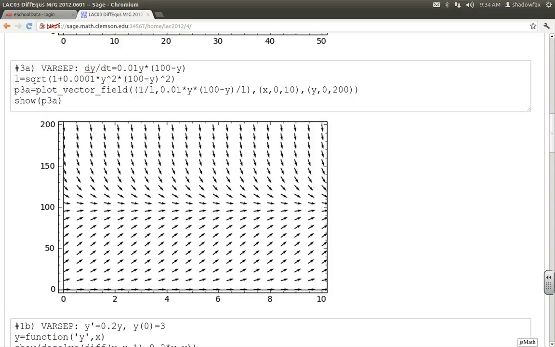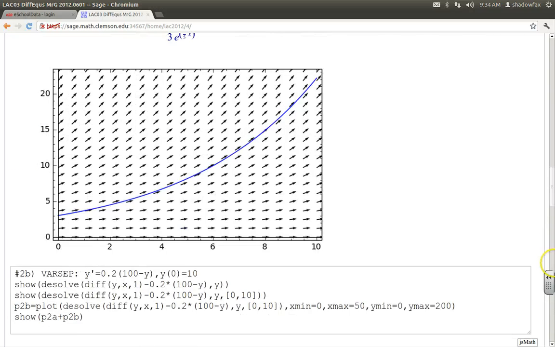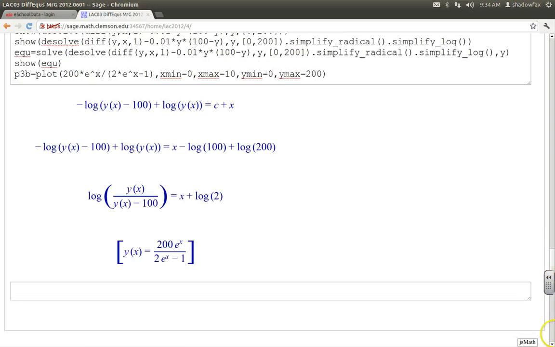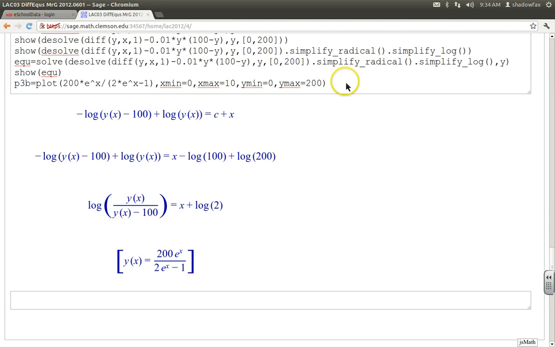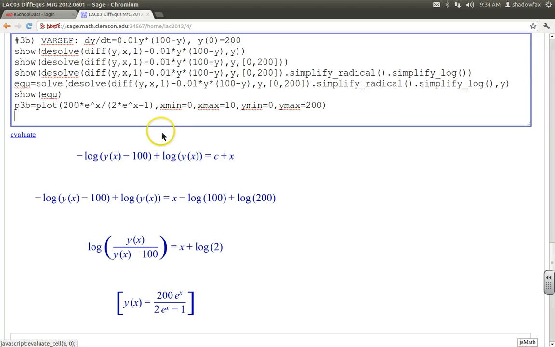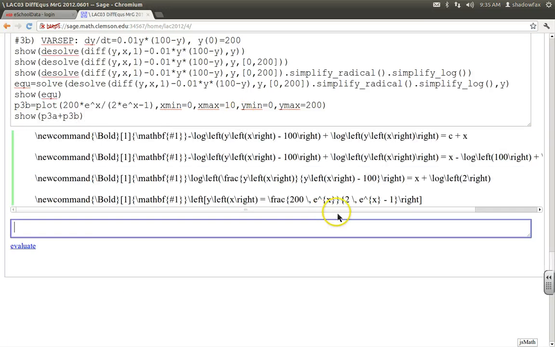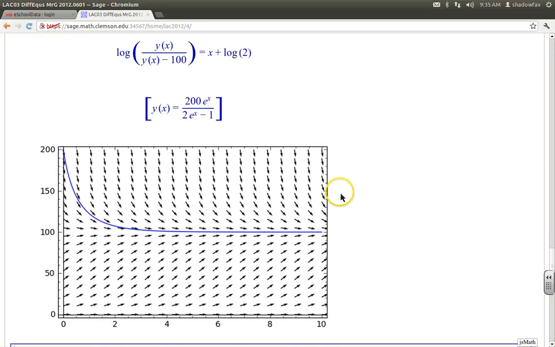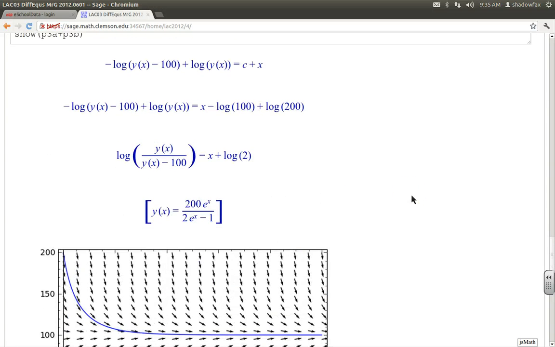All right, so there's P3A. I want to put it together with P3B, right? What goes here so I can see both? Show. There you go. Let's see if it matches the slope field. Nice, and pretty good. Yeah, there you go. All right, so there's your 3B.